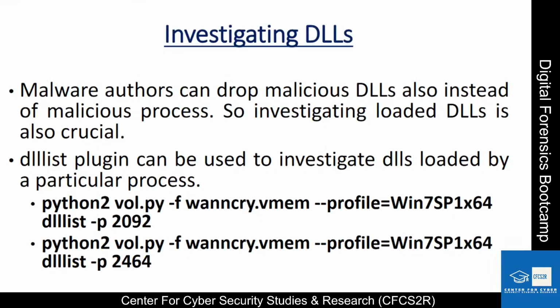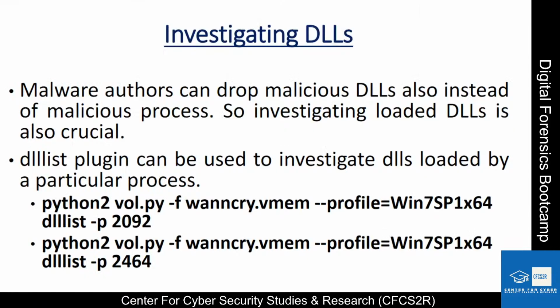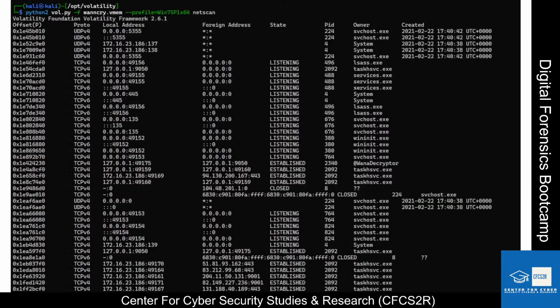And then we have investigating DLLs. If you want to investigate the DLLs, you can do that. See, in the previous case you will see that a particular process ID is created, like 2092.